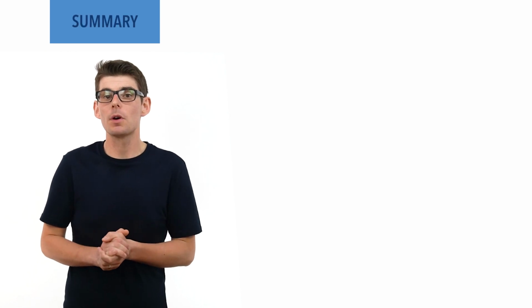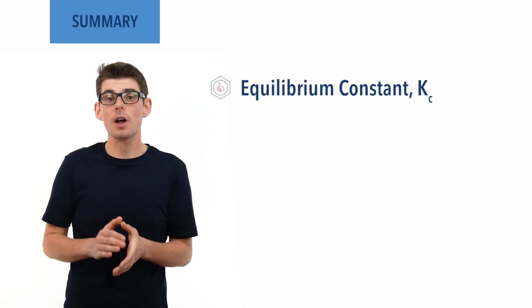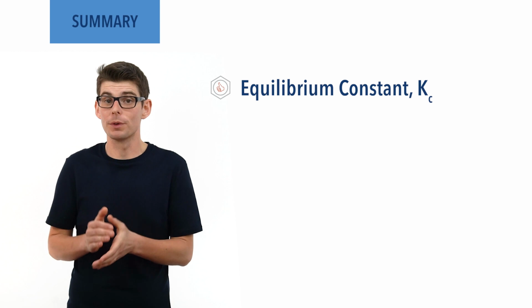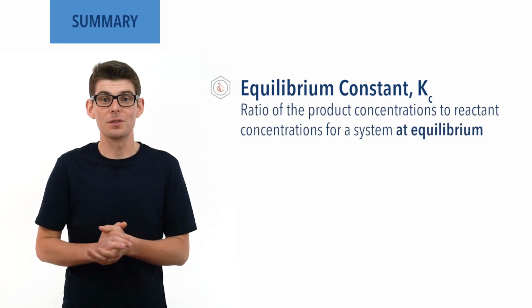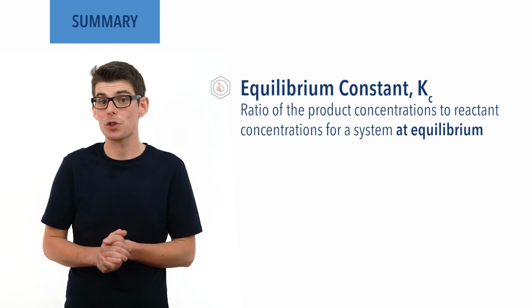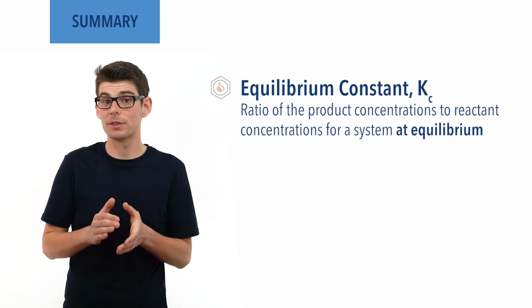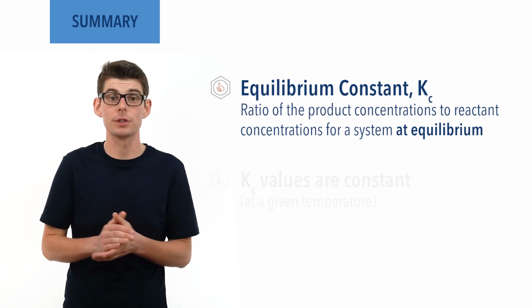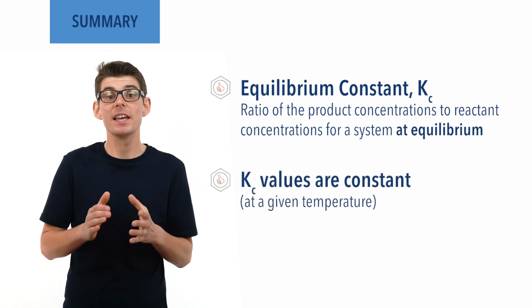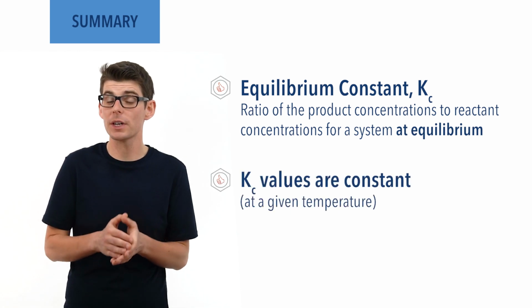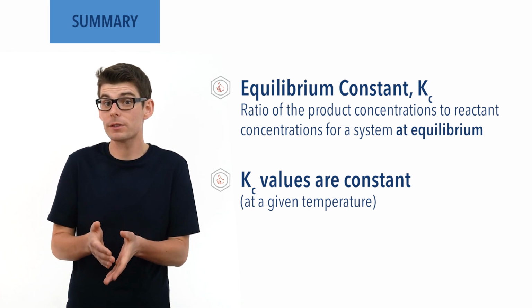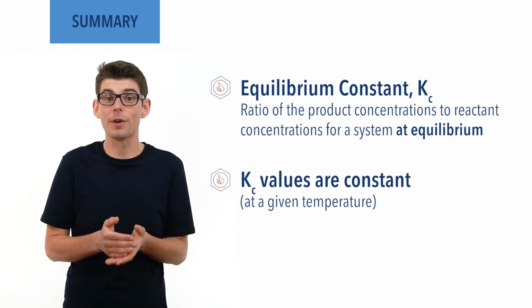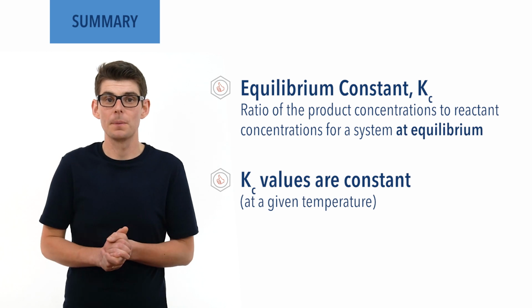So, to summarise, the equilibrium constant Kc describes the ratio of product to reactants in an equilibrium mixture based on their molar concentrations. At a fixed temperature, the value of Kc for a system at equilibrium is constant. Kc expression is based on the concentration of products divided by the concentration of reactants, raised to the powers of their molar ratios in the reaction equation.